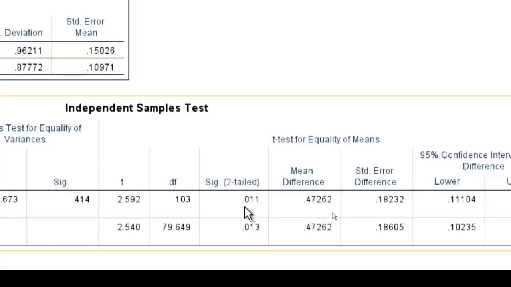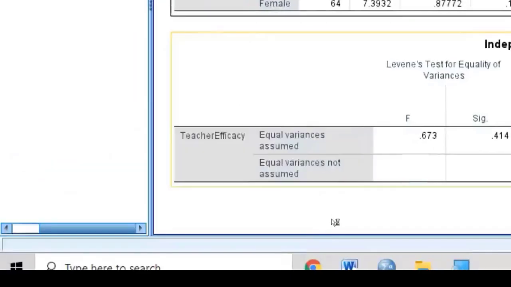If this value is more than 0.05, then you will say fail to reject the null hypothesis. As I can see, this value 0.011 is less than 0.05. So our decision would be reject the null hypothesis.